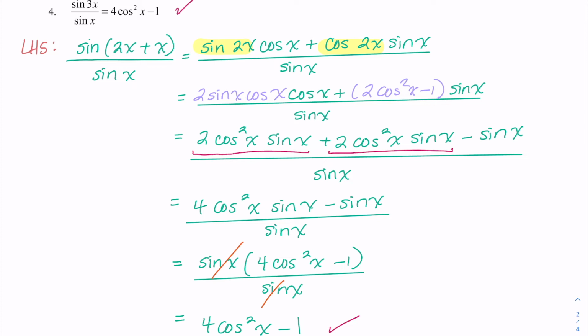So we have the double angle formulas for cosine can be used to express even powers of sine and cosine in terms of the first power of cosine only.